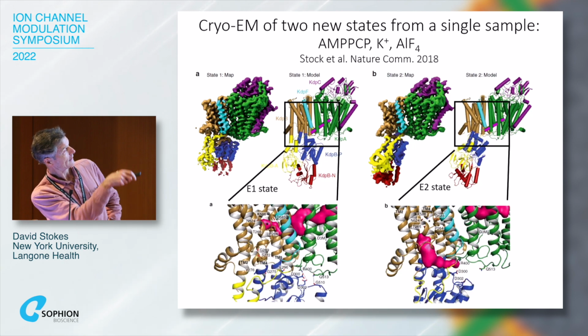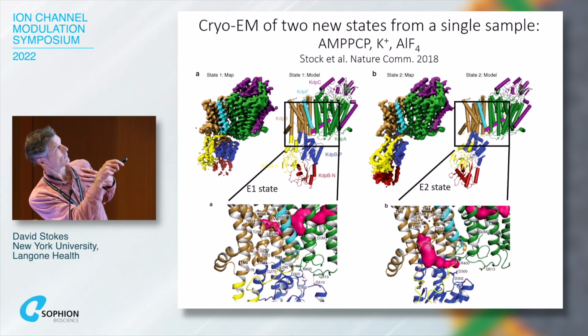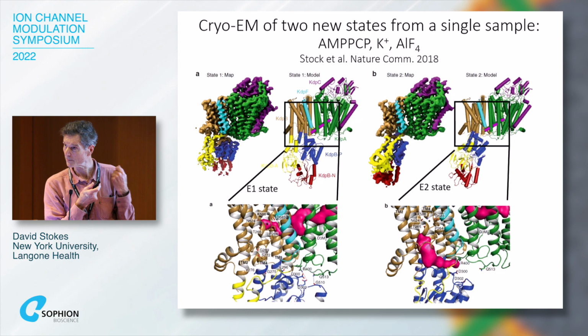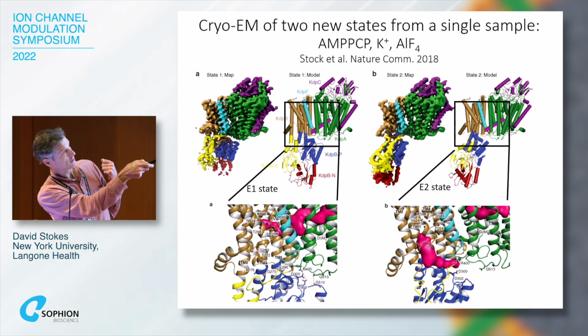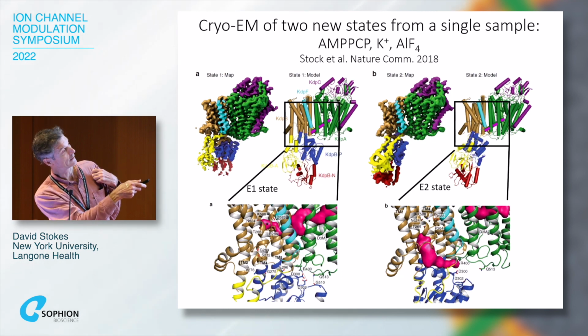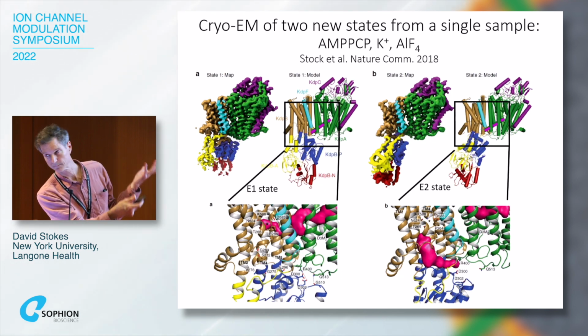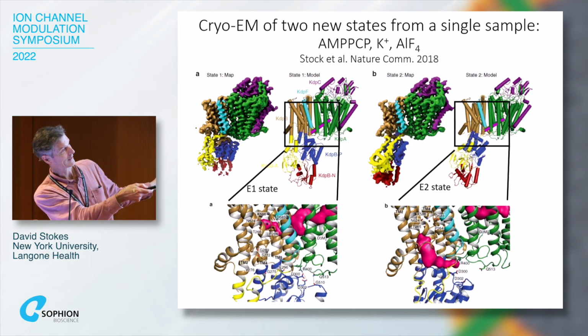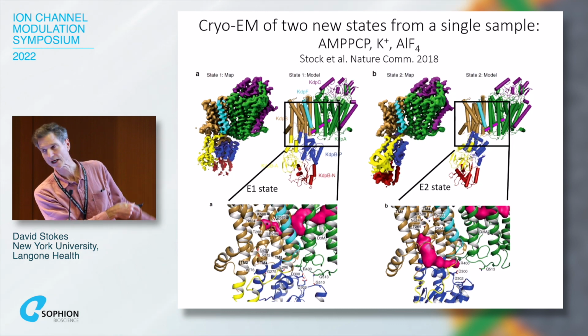And from those two, they found the tunnel, and the tunnel was intact in the E1 state, which is kind of what we had. But in this other E2 state, which was the one that was supposed to pull on the pink helix and open the channel, it didn't. The pink helix didn't move. The salt bridge was broken between the blue domain and the pink helix, but it didn't pull, and the potassium channel part didn't move, and they said that it opened another sort of channel over here.